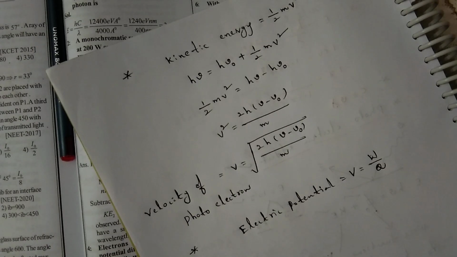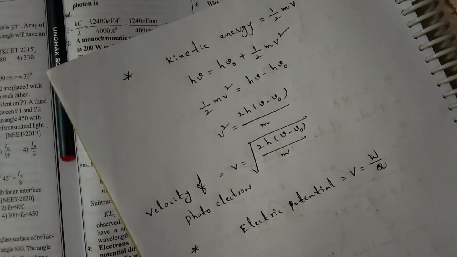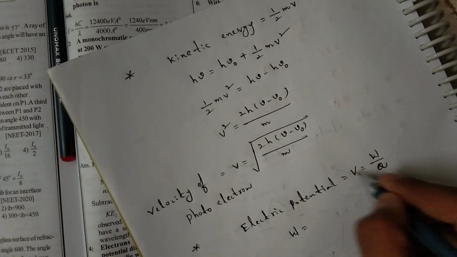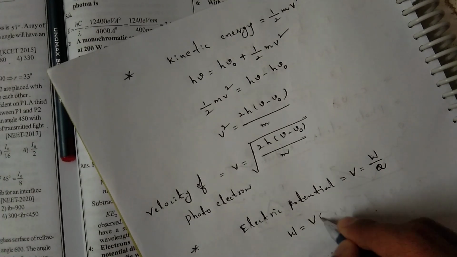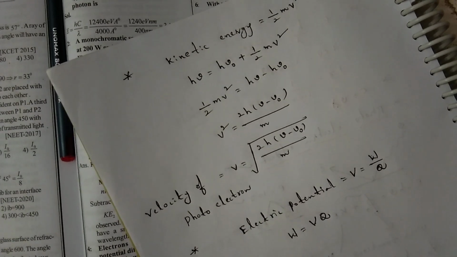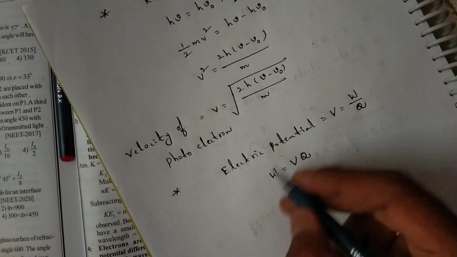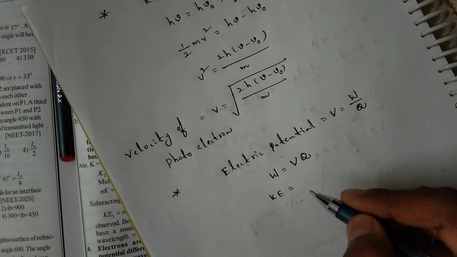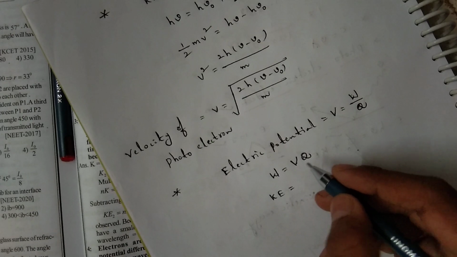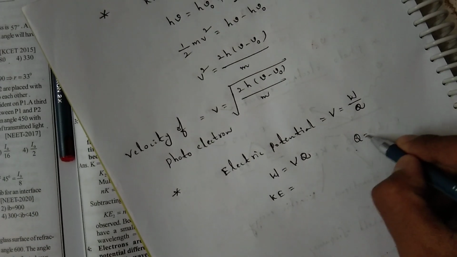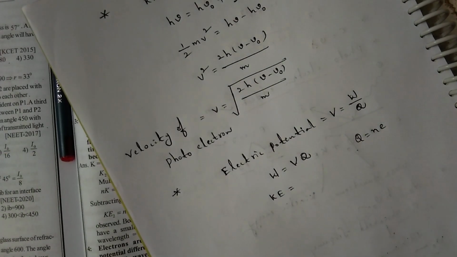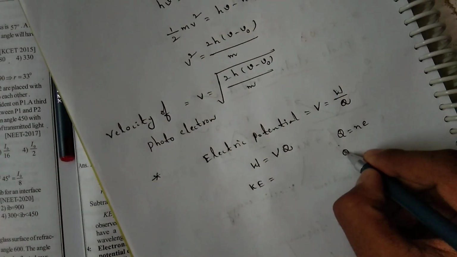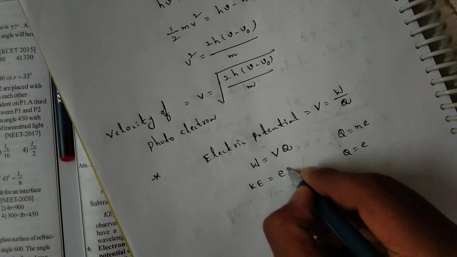Now W is equal to VQ. And now this work itself is called as kinetic energy. If you are using one electron, according to charge quantization, Q is equal to Ne. For one electron, N is equal to 1, then Q is equal to e, so W is eV.